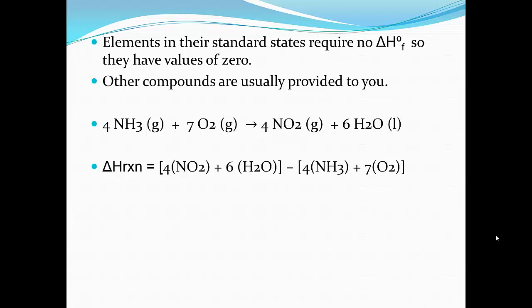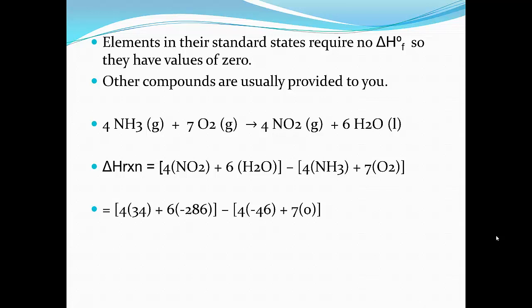To solve for this one, I would take the amount of energy required for NO2, multiply it by 4, the amount of energy required for water, multiply it by 6, the amount of energy for ammonia multiplied by 4, and then the amount of energy for the oxygen multiplied by 7.